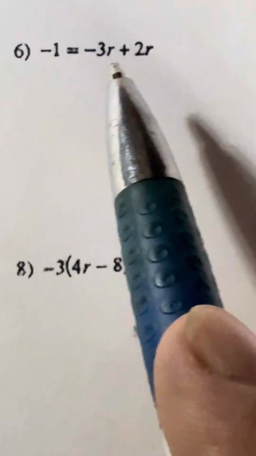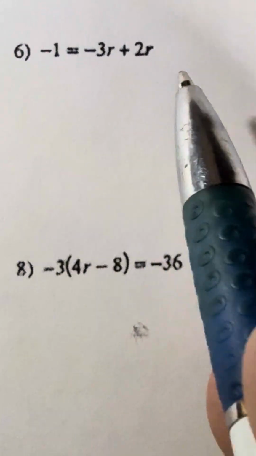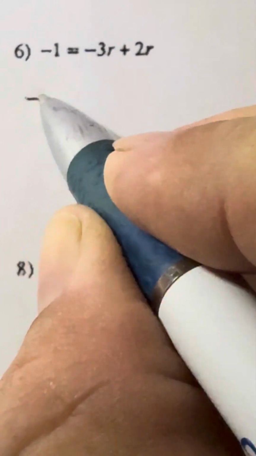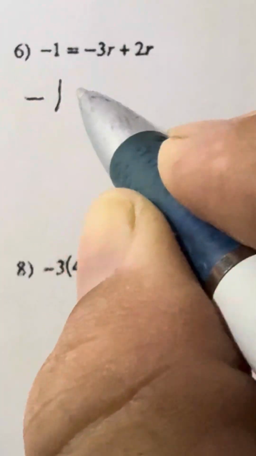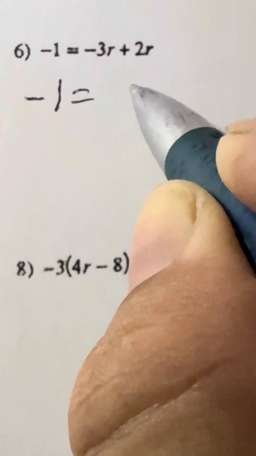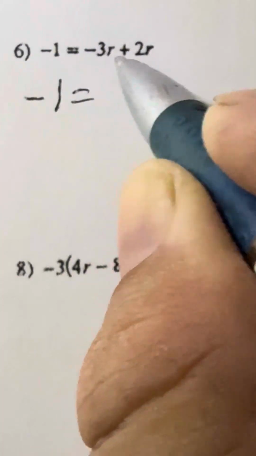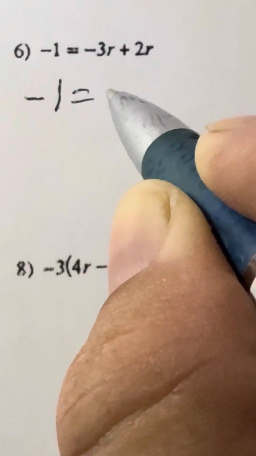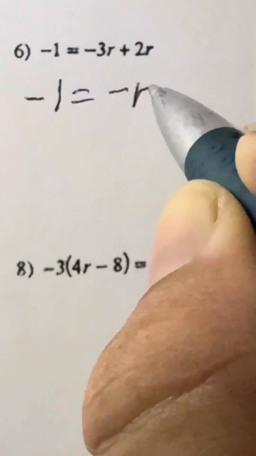Negative 3r plus a 2r equals a negative 1r. You don't have to write out the 1. I'm writing the negative 1 again, equals, now combining the negative 3r and the 2r, so that equals negative r.